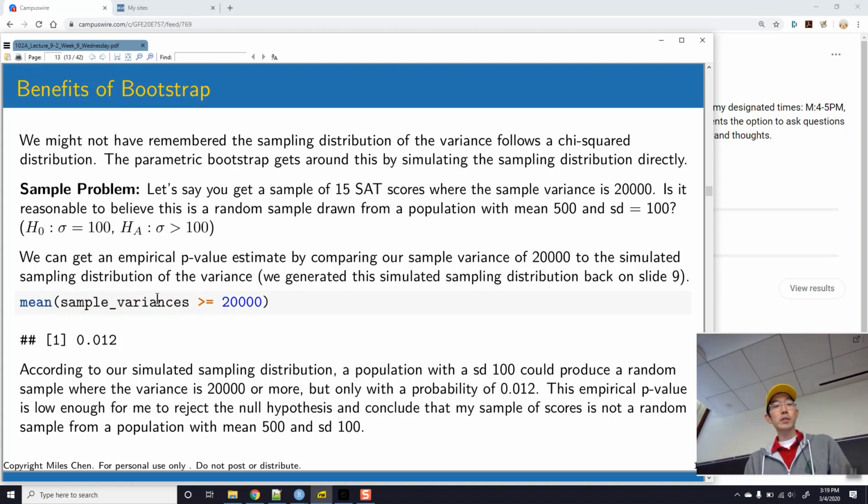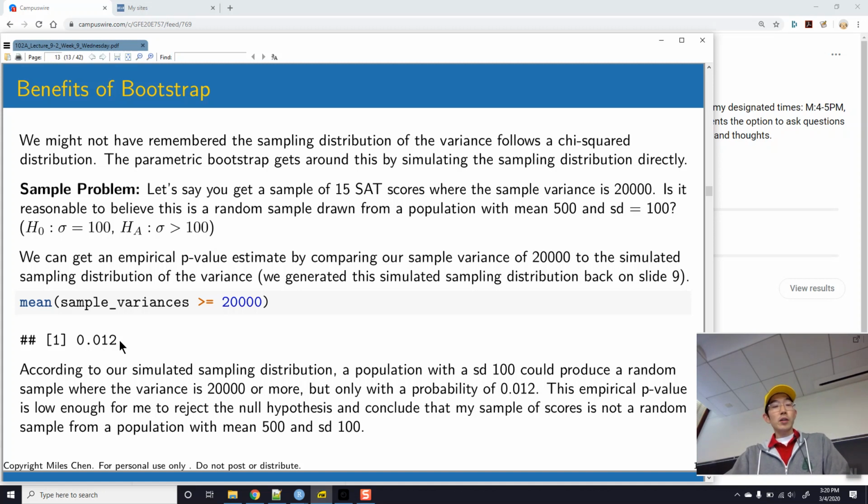This is going to produce a logical true-false vector, and if I take the mean, it's going to give us the proportion, all right? And it says, okay, yeah, you did get a few values over 20,000. It happened with probability 0.012. So out of 10,000, I guess this happened 120 times, okay? So about a 1.2% probability, 0.012.